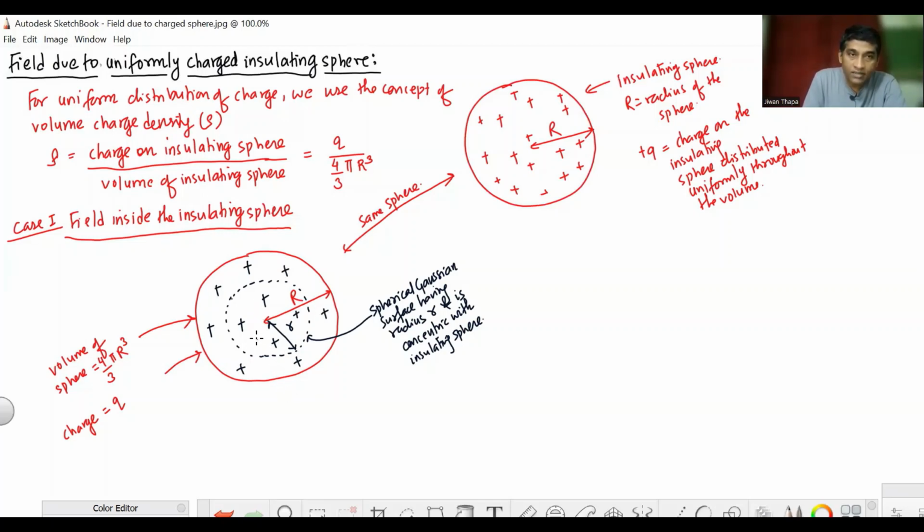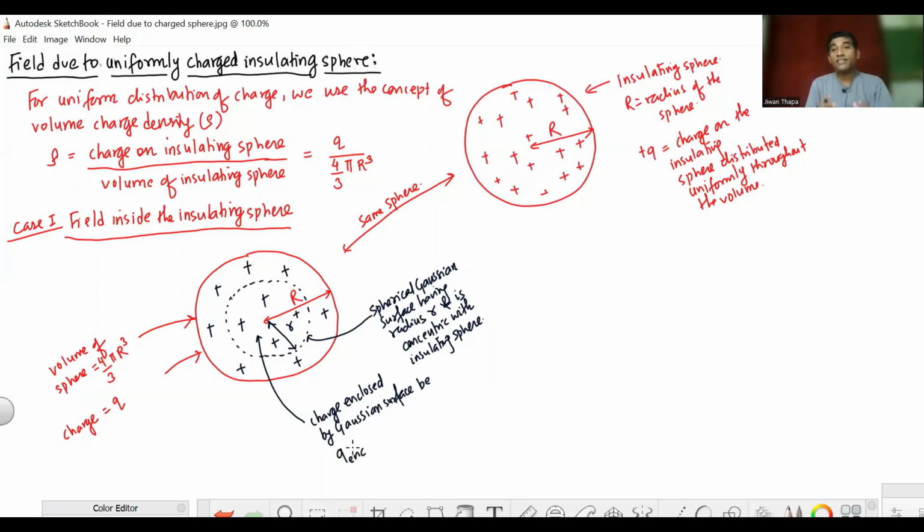Let the charge enclosed by the Gaussian surface be Q enc.